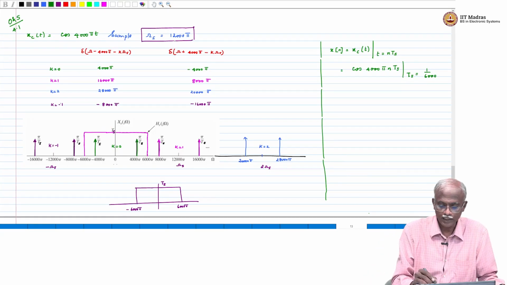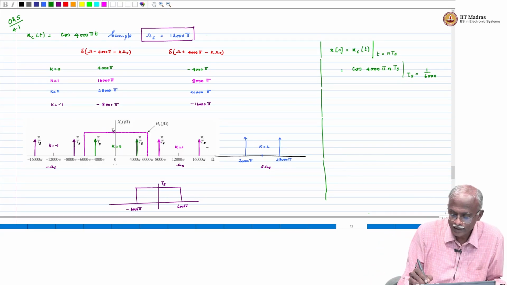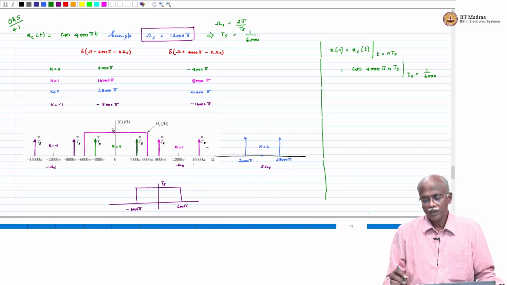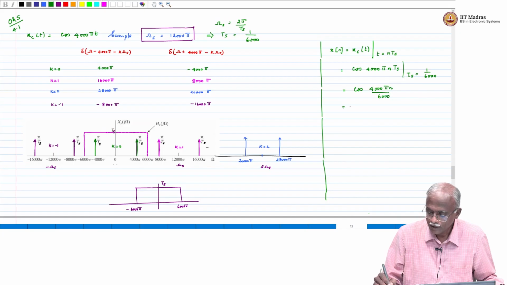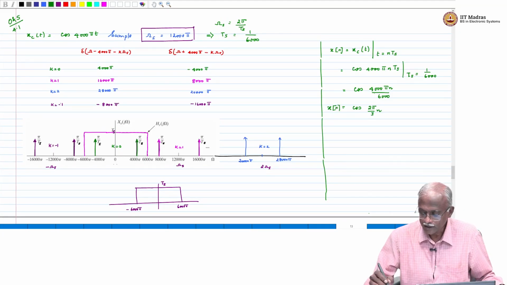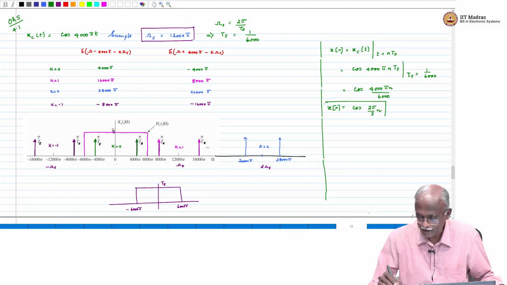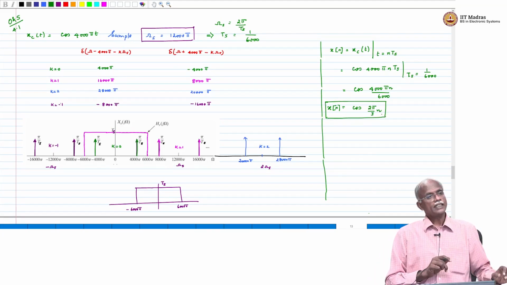That is how you get omega s equal to 12,000 pi. This implies Ts is equal to 1 over 6000, because omega s is equal to 2 pi over Ts. Now substitute, what do you get? Cosine 4000 pi n divided by 6000. This is the same as cosine 2 pi by 3 times n. This is the discrete time signal that we will get.